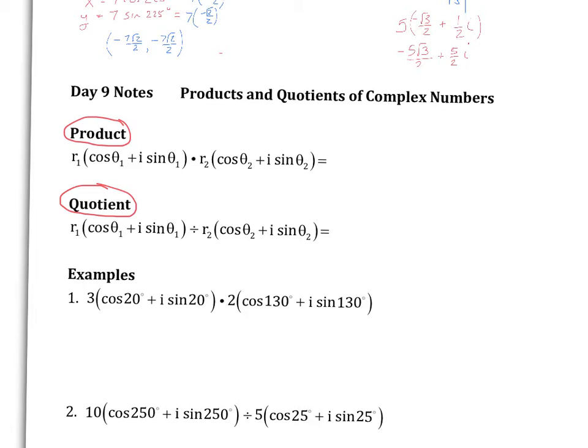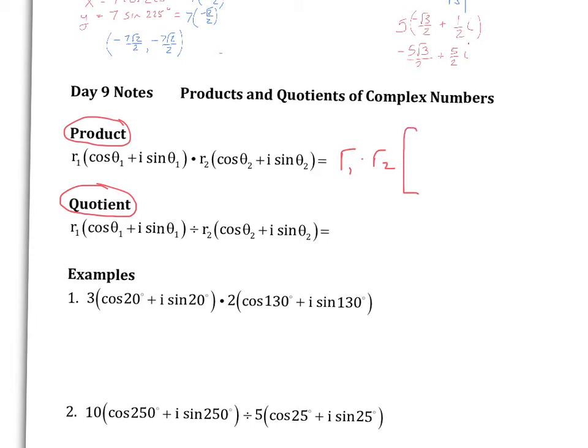I'm just going to give you the formula straight out so you can use this. When you're multiplying complex numbers, you multiply the r1, the first r, times the second r, and then you add the thetas.